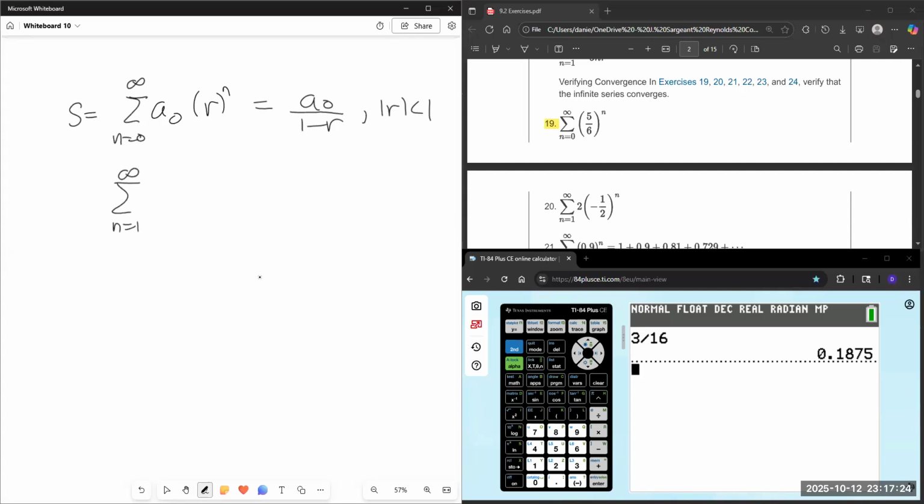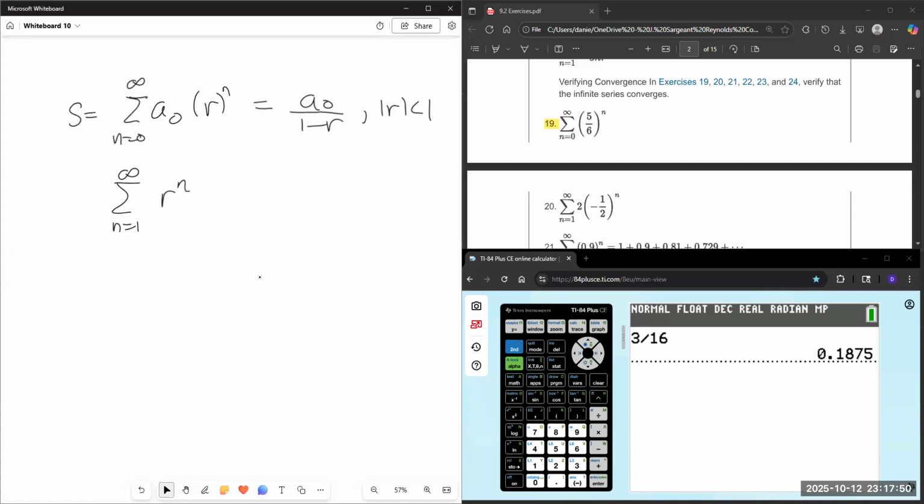Now, sometimes we have a geometric series that's indexed at 1, and we have r to the n, something like this. But we don't really have an a sub 0 term.